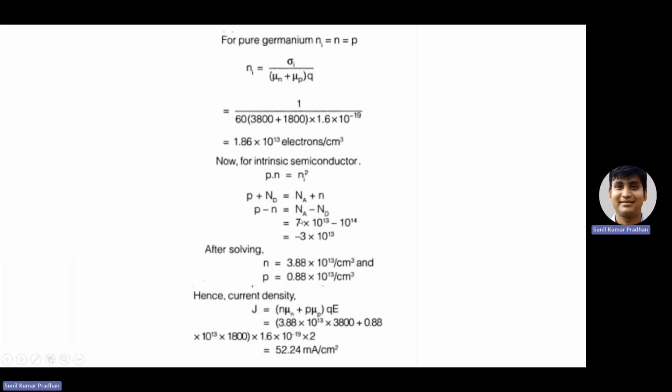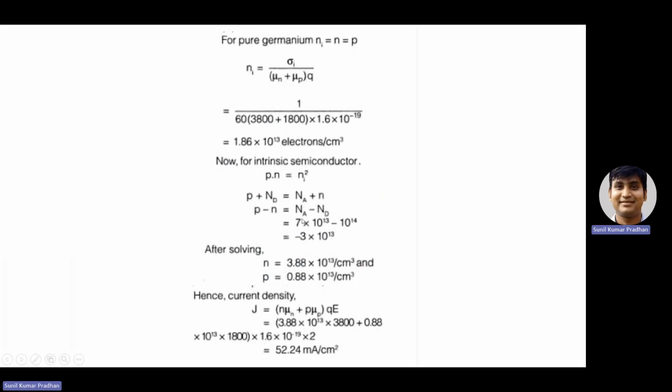Na and Nd are already given in the question, so it will be minus 3 into 10 to the 13. And if you solve this, electron concentration will be 3.88 into 10 to the 13 per centimeter cube, and hole concentration will be 0.88 into 10 to the 13 per centimeter cube.